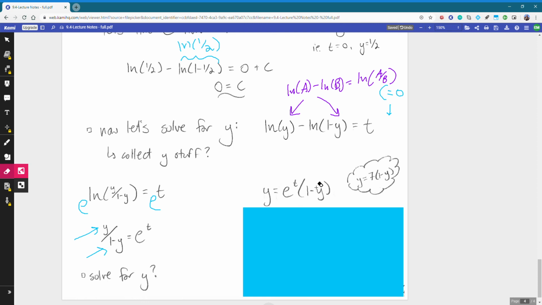But here we can give ourselves a little analogy to work with. I think that e to the t maybe weirds us out more than it needs to. So let's just imagine that this e to the t is just some number. Let's say that it's 7. And we were trying to take this equation here in the bubble and solve it for y. Do you see how you might do that?